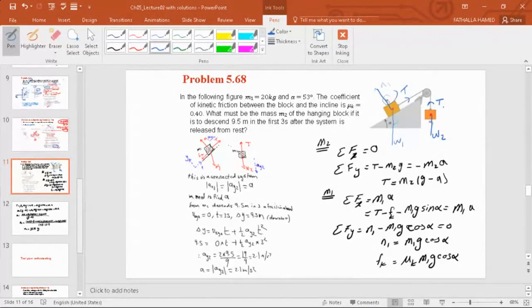The second assumption that we always make is the pulleys here are frictionless pulleys, meaning that the rope can slide over them. And if the rope can slide over them, that means the tension here and the tension here is the same. But if it's rotating, and we'll see that when we deal with rotational motion, that will make a factor. So in these types of problems, we make some assumptions. First, the pulleys are frictionless, meaning that the cable or the rope is sliding over them.